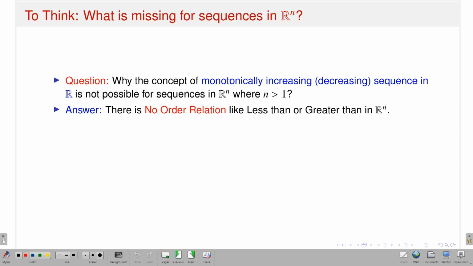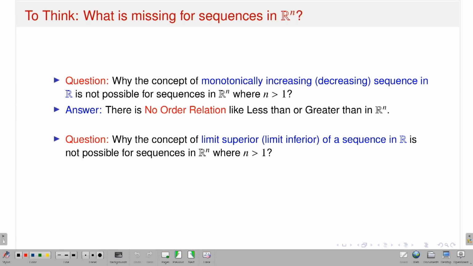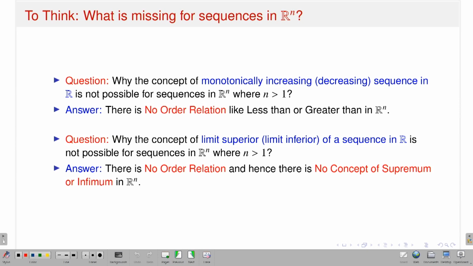But in Rn, there is no such order relation. So the concept of monotonically increasing or decreasing sequences is not possible. Similarly, we do not have the concept of limit superior or limit inferior in Rn. In R we have them because we have order relations, but in Rn we do not. So there is no order relation, and hence no concept of supremum and infimum in Rn.